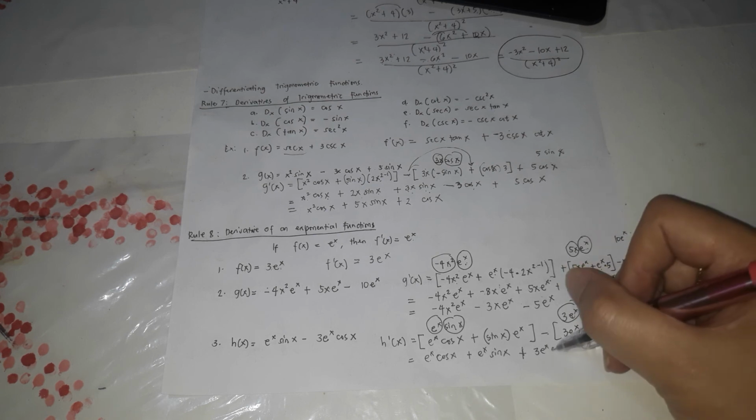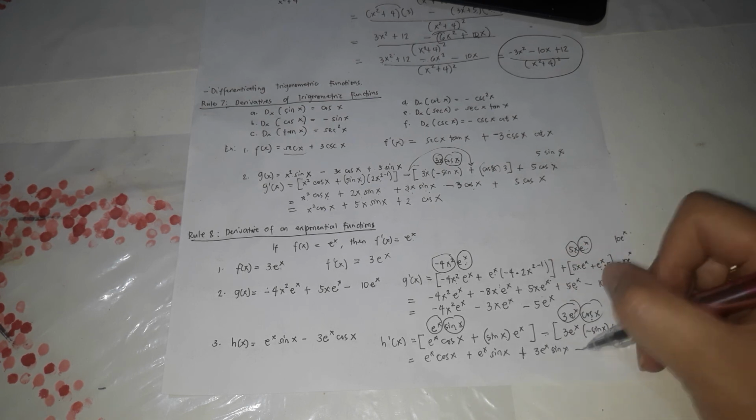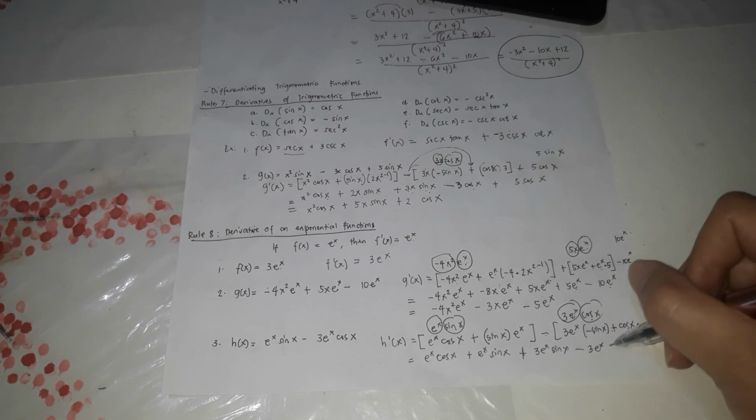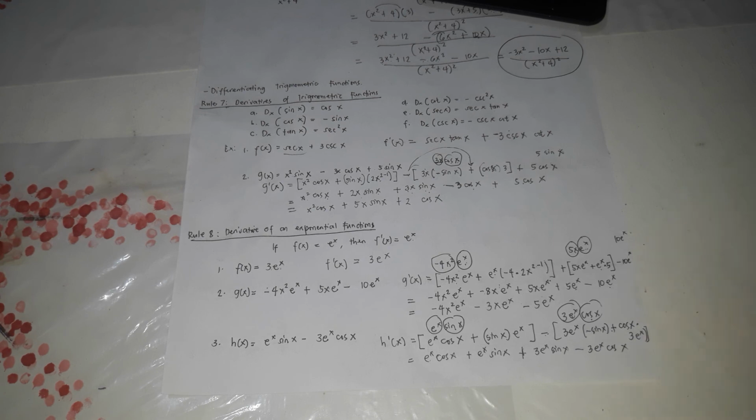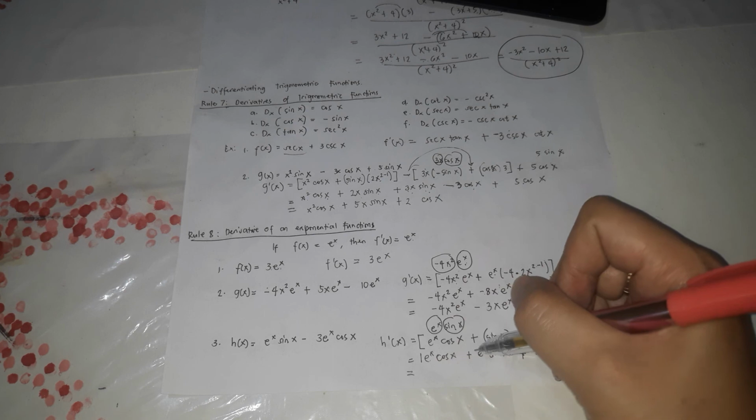3e^x sin x. Negative times positive, negative 3e^x cosine x. Next, may magkatulad ba? Ito e^x cosine x, e^x sin x. So magkatulad sila. So kapag walang number, katabi, ibig sabihin may mga 1 yan sila.